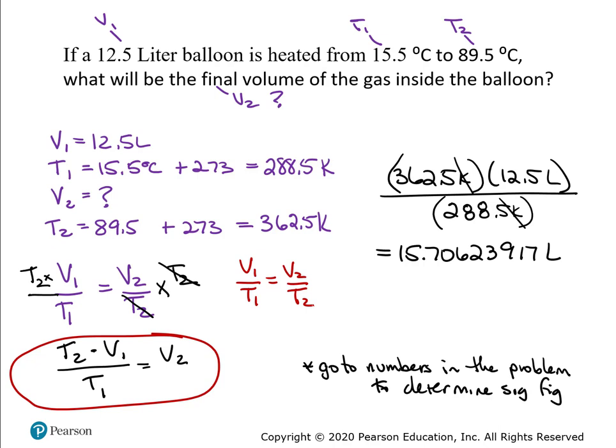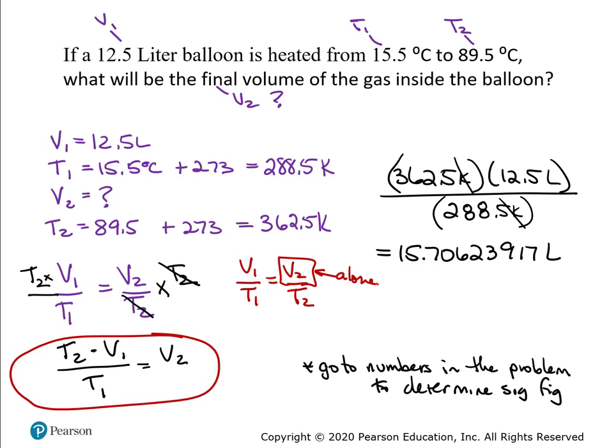I don't know V2, so I need to get that all by itself. So I've got to move T2. To move anything in the denominator, you multiply both sides, so those cancel and it moves to the other side. I have to get this alone to be able to do the math. Once I moved T2 over to the other side, V2 is now all by itself.